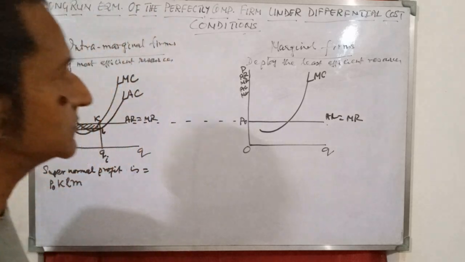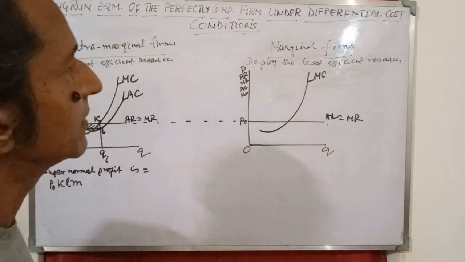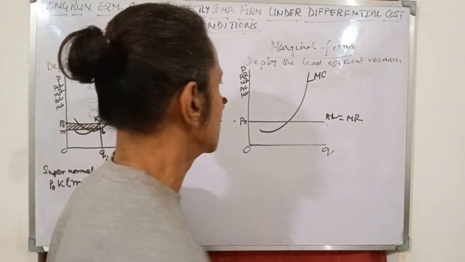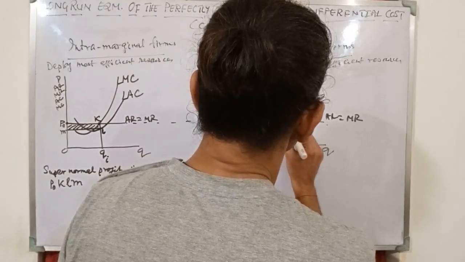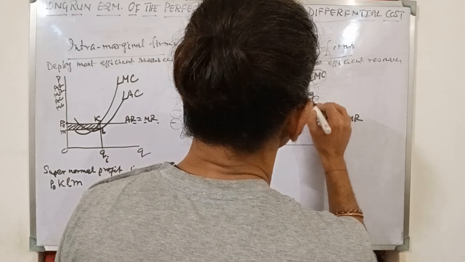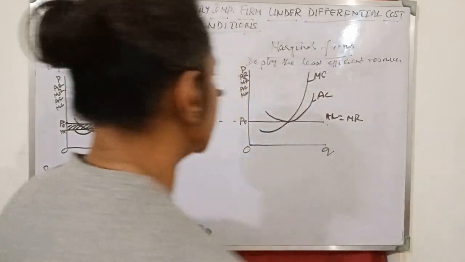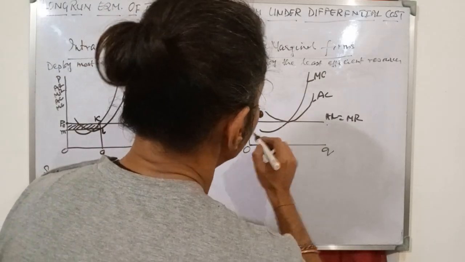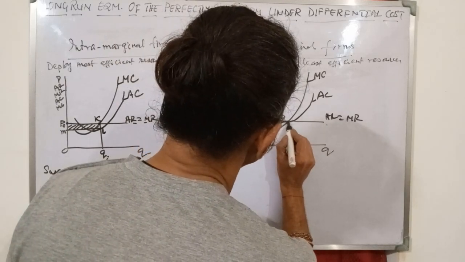Now marginal firms have highest costs among all the firms playing in the market, and this is the long run average cost curve of the marginal firm. The long run marginal cost curve and the marginal revenue curve intersect at this point.